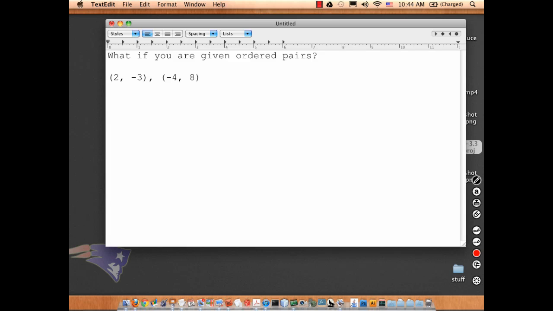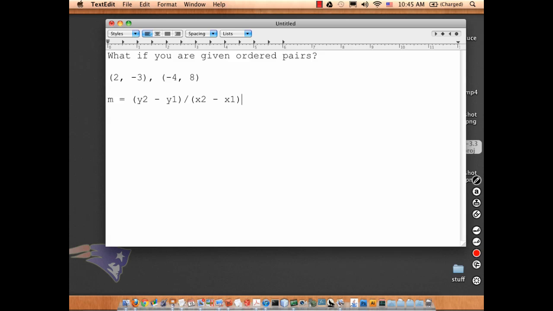All right. Now, everything that we just did was graphical, and the graphical slope is the easiest one to find. You won't always be given a graph. Sometimes you'll be given just the ordered pairs like this, no graph. So what we need is a formula in order to calculate it. What we do is we say that the slope m is equal to y2 minus y1 divided by x2 minus x1.